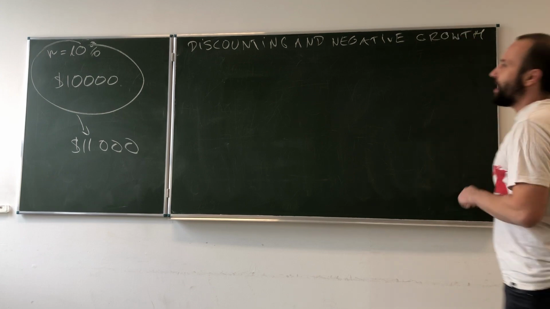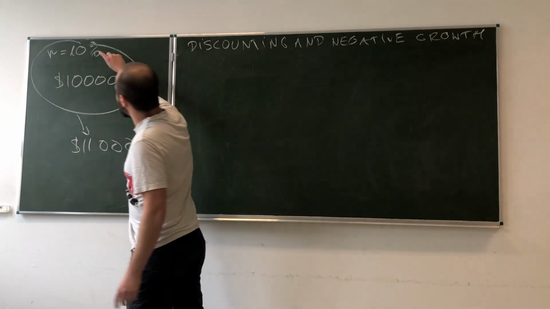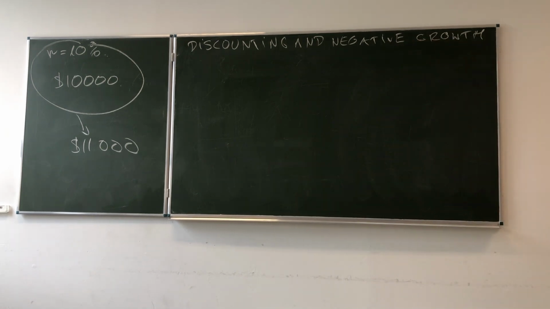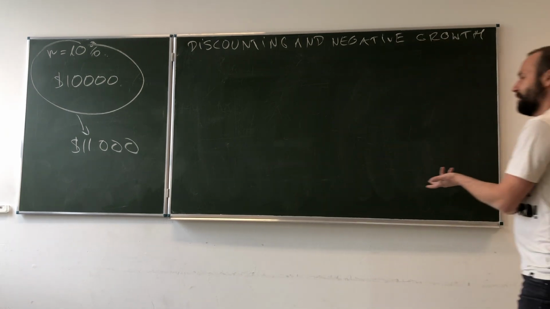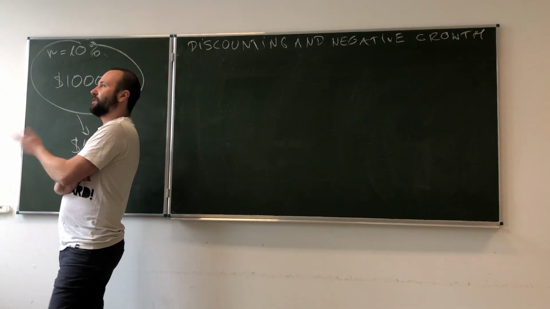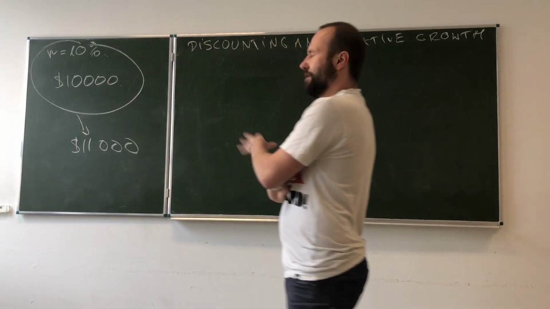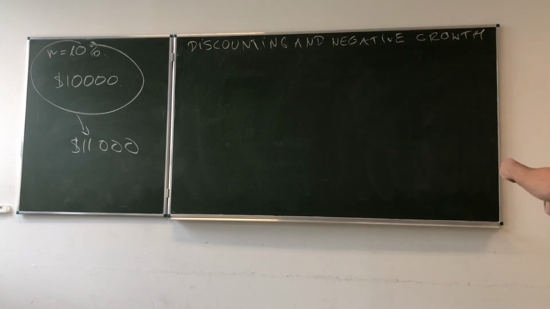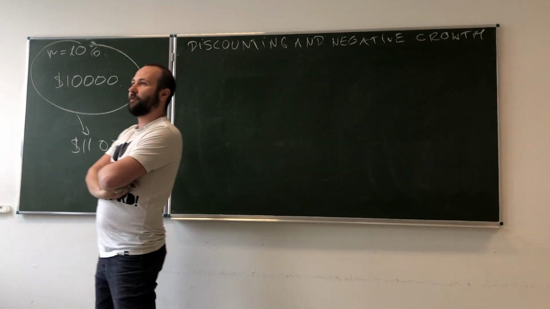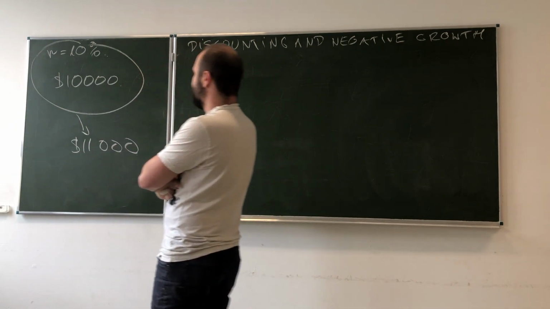And look, going back to this example, if the interest rate is 10%, then it's still better to get $10,000 today, because if you put money into a bank, you will receive $11,000, and you are offered $10,500.